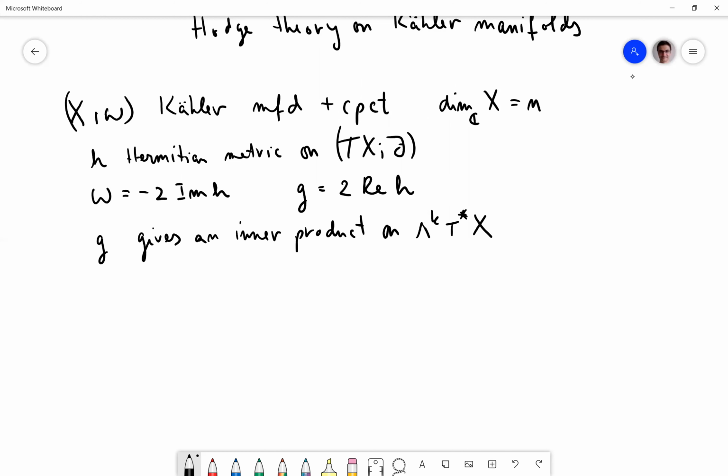This is a standard construction in Riemannian geometry, and this is a real inner product. You can take this one step further by complexification and say that it gives a Hermitian inner product on the complexification.